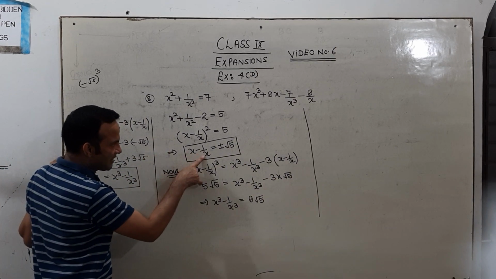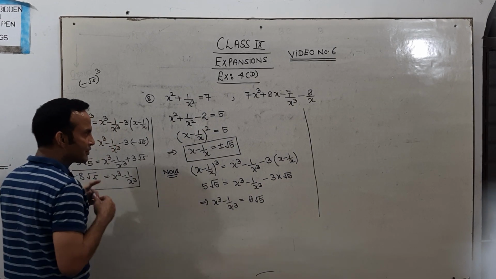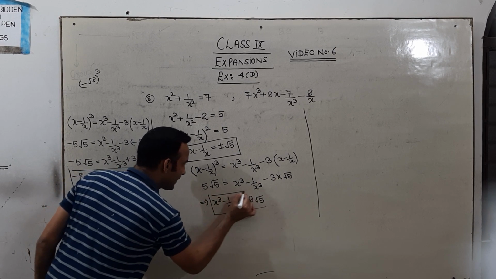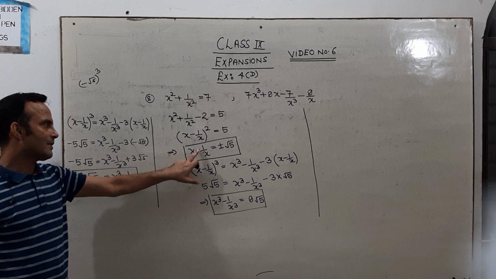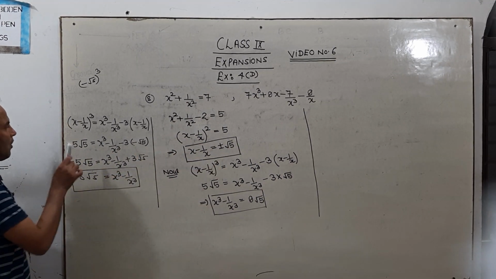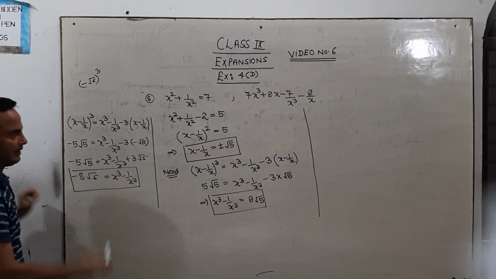When the value of x minus 1 upon x is plus root 5, in that situation, the value of x cube minus 1 upon x cube is 8 times of root 5. And when the value of x minus 1 upon x is negative root 5, the value of x cube minus 1 upon x cube is negative 8 times of root 5.